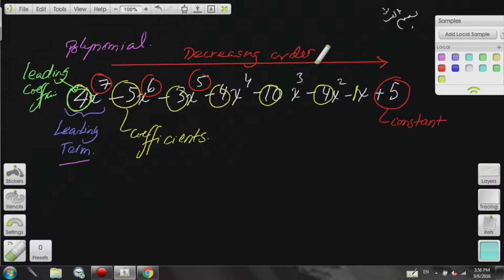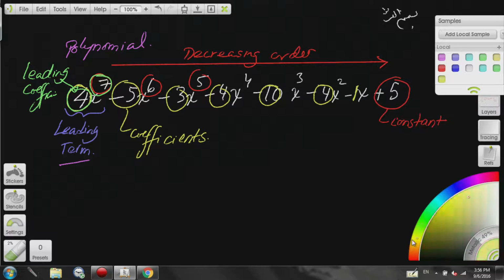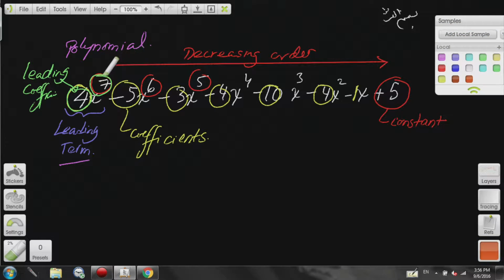It's mustahab to do this, so to speak. It's the proper way of writing a polynomial, to write from the highest degree to the lowest degree. Highest exponent to the lowest exponent. Now, the highest exponent is very important because that gives the polynomial its name. Here, the highest exponent is 7, so this is called a 7th degree polynomial.